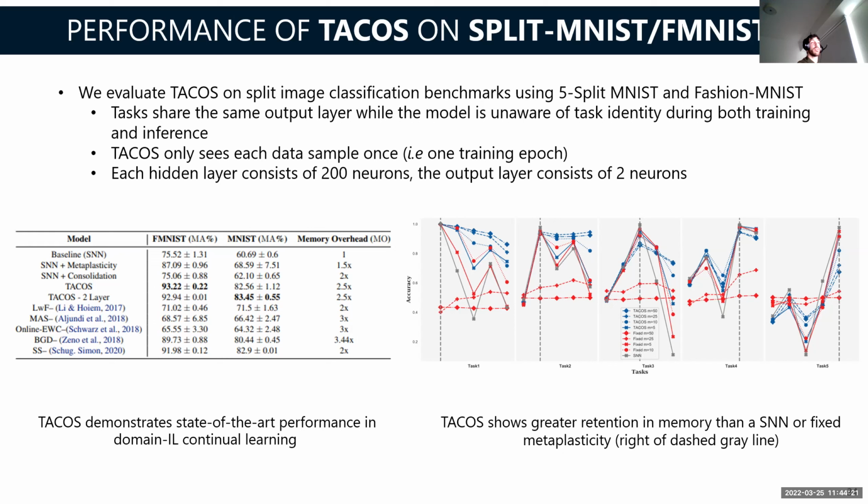When we want to look at TACOS specifically by itself, we want to consider 2 things. One, how does this model perform in comparison to the baseline approach in terms of not just retaining information, but also learning downstream information?